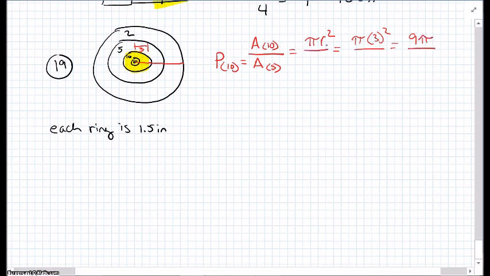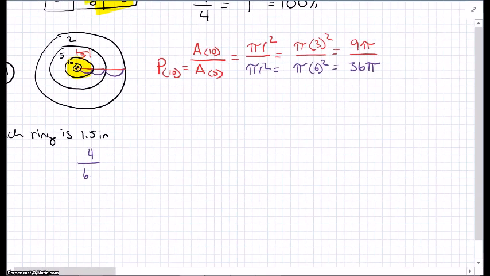Okay, now we got to find the sample set. Well, we go 1, 2, 3, 4 rings we cross. Each ring is 1.5, so 4 times 1.5 is 6. So the area of the entire surface is still pi r squared, but my radius here is 6, so it's going to be 6 squared. So it's going to be 36 pi.